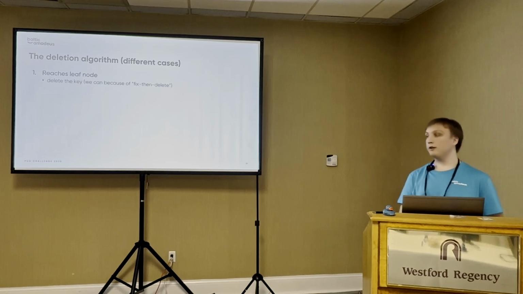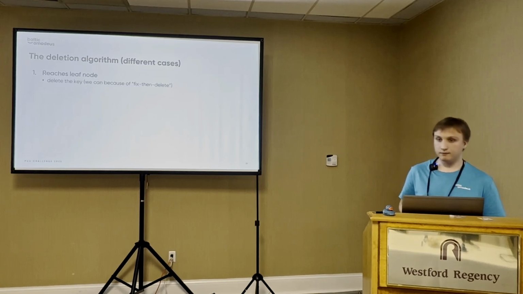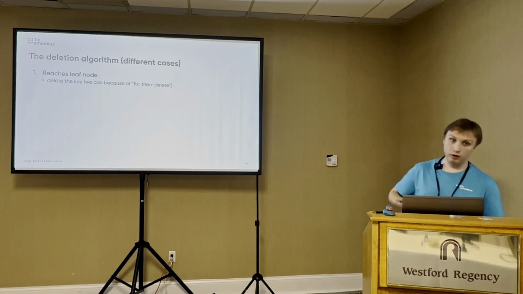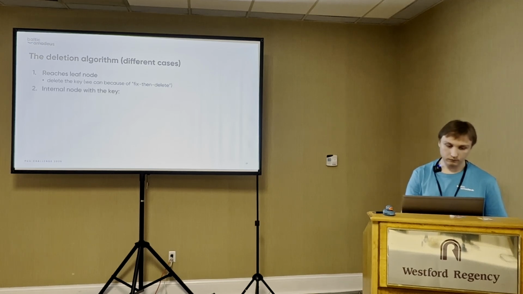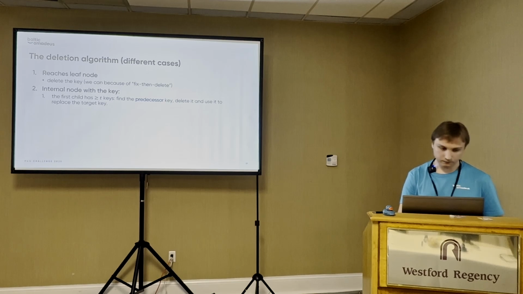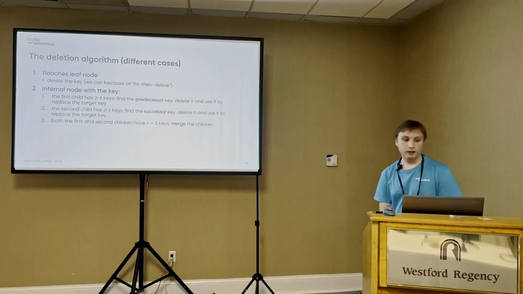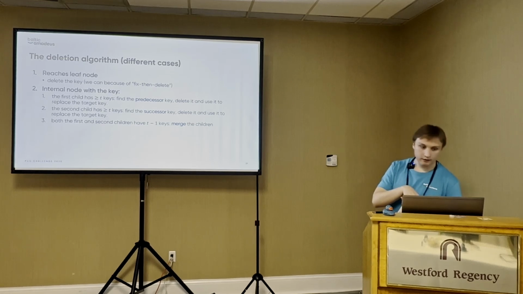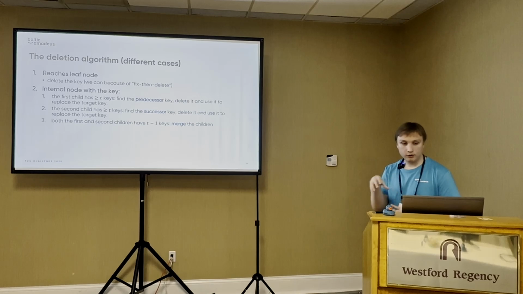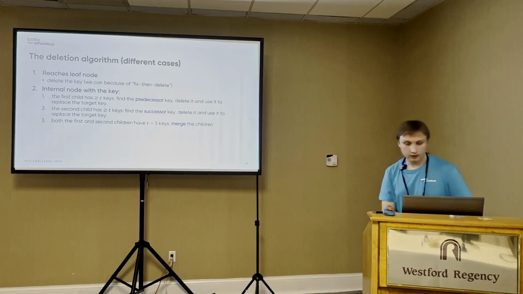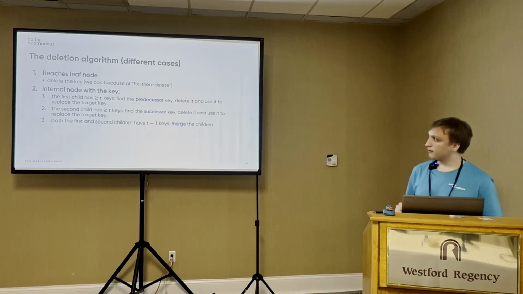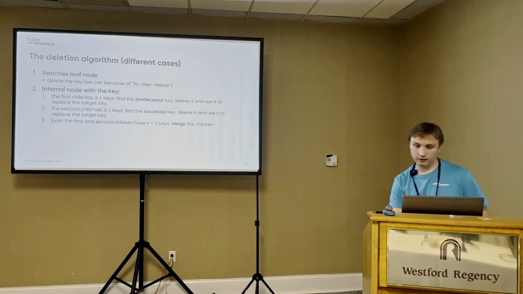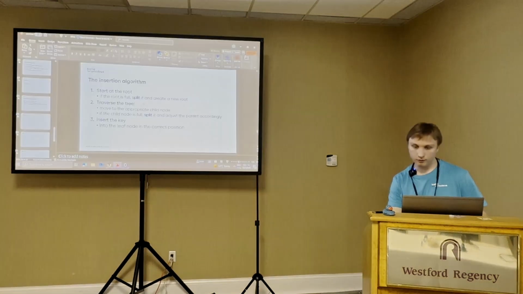So if we reach a leaf node, then we can just delete it safely. But if we find a node which is not a leaf, it's internal, and it has the key, then we have to do something about it so that we could delete from it. And I've written out the steps formally, but I suppose that it should be simpler if I just show you.